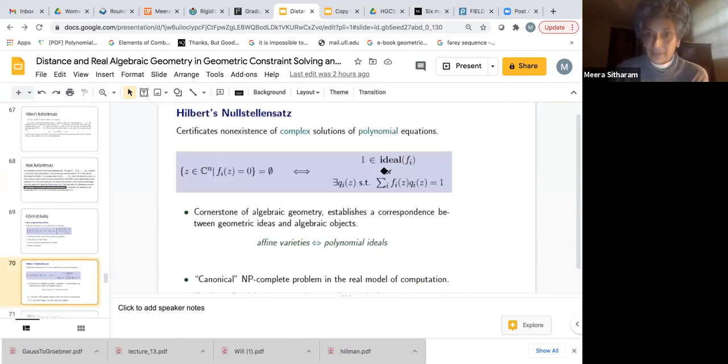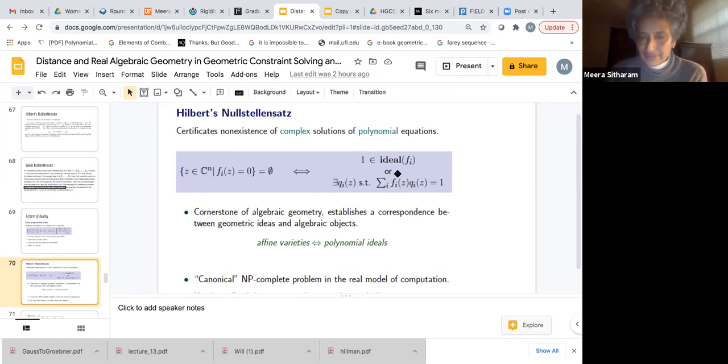If 1 is in the ideal, then they could not have a common zero, since if they vanish at a common zero, you could not write 1 as a polynomial combination of them. So the other direction is the hard part.